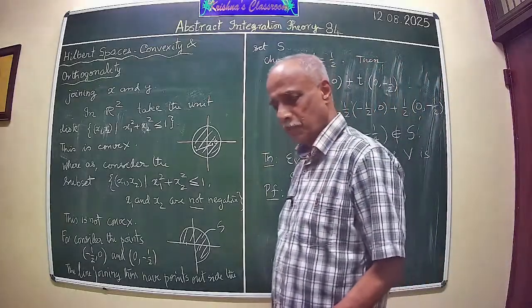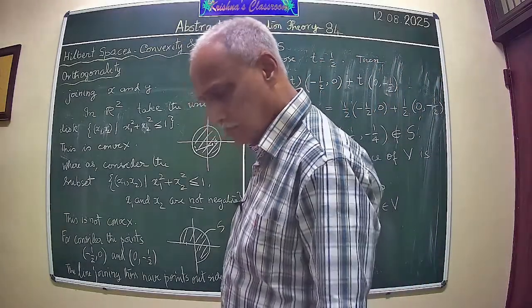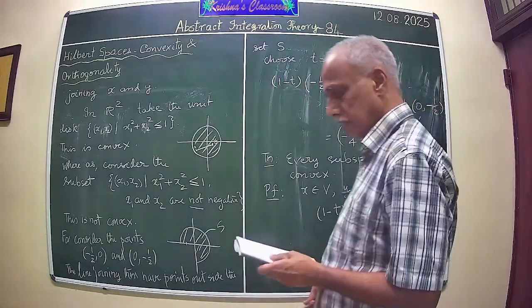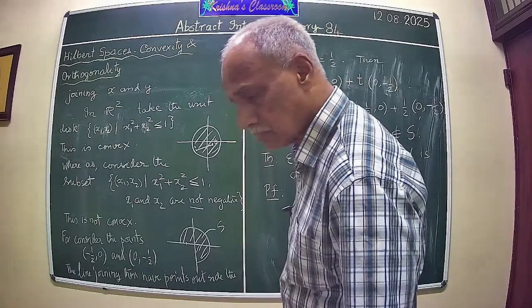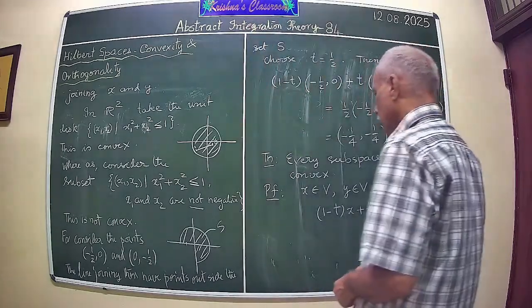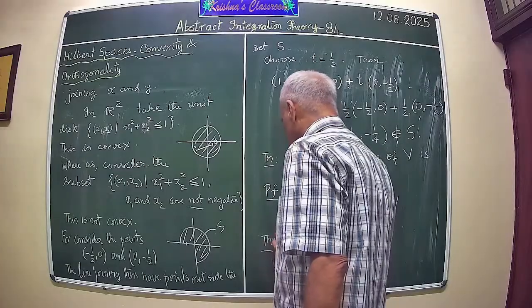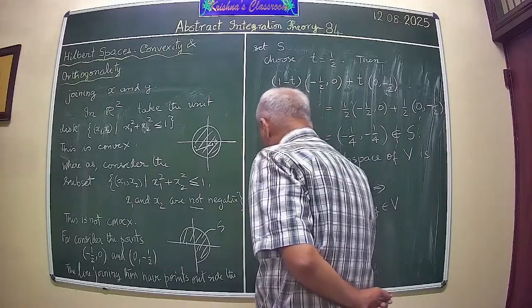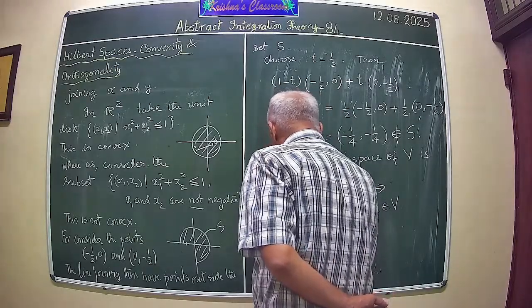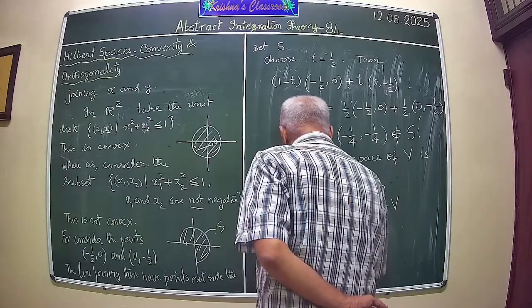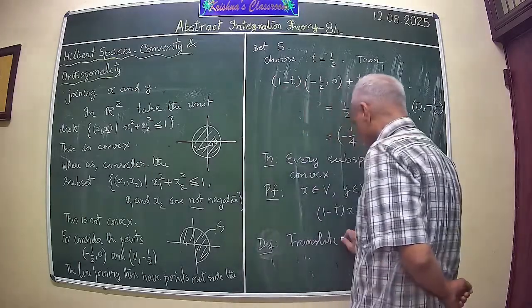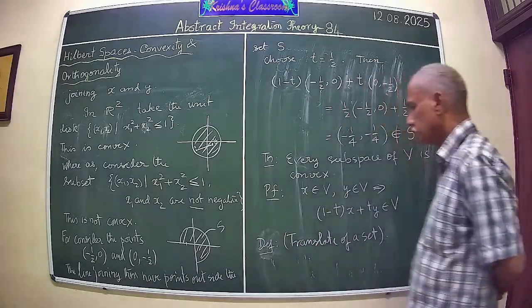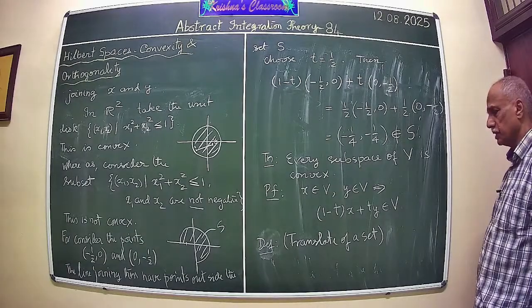That's the basic property of the vector space. Now one more theorem is that... now we'll define translates.